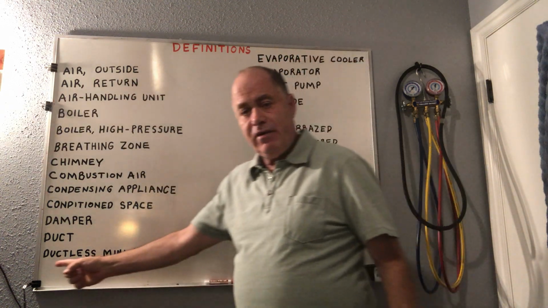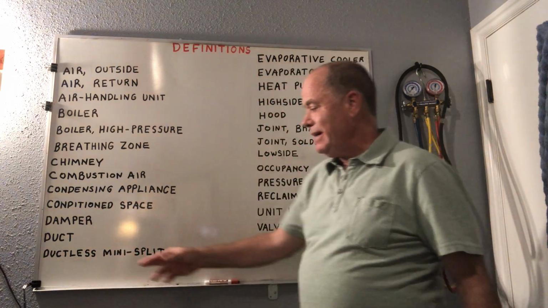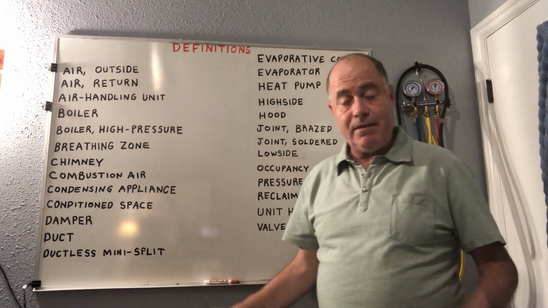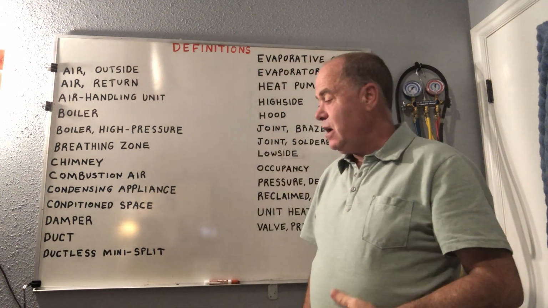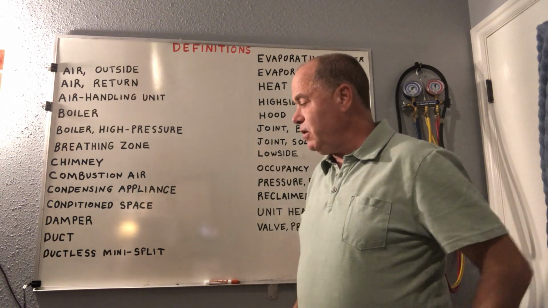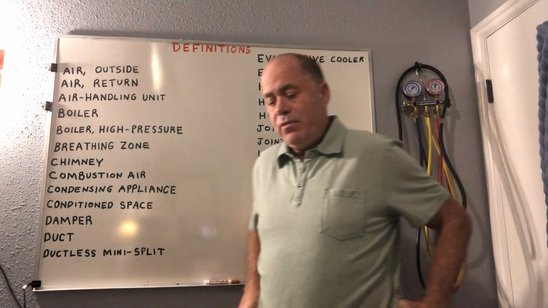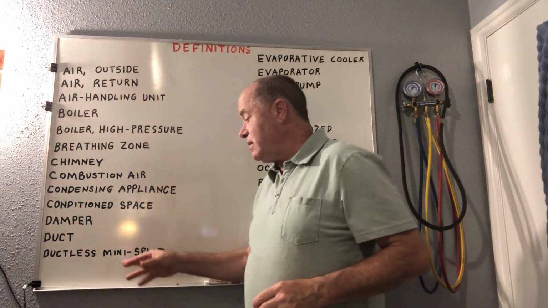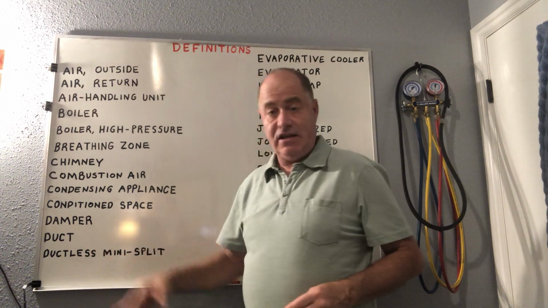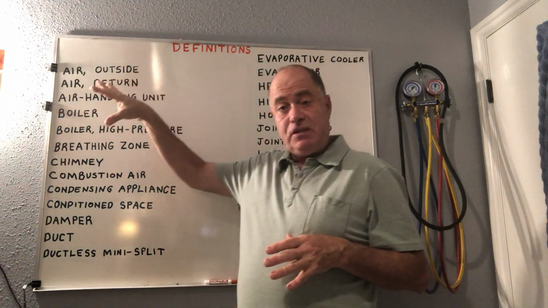Now, here's a term you may have heard: ductless mini-split system. Ductless mini-split. What is that? Well, that's an air conditioning system, usually heating and cooling, but certainly at least cooling. And these are systems that are ductless. They don't have any ducts, okay? They usually mount right on the wall in the conditioned space.